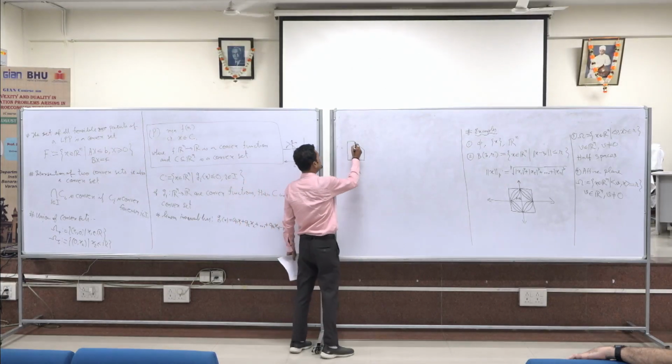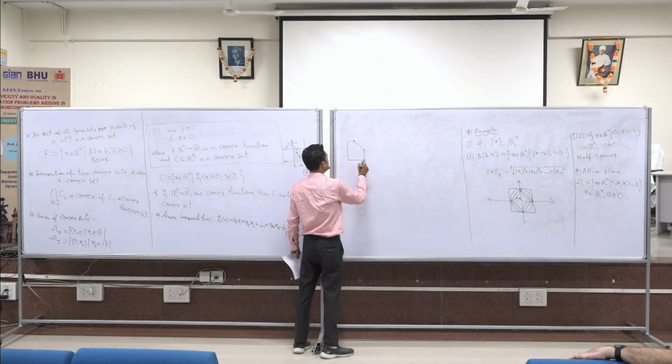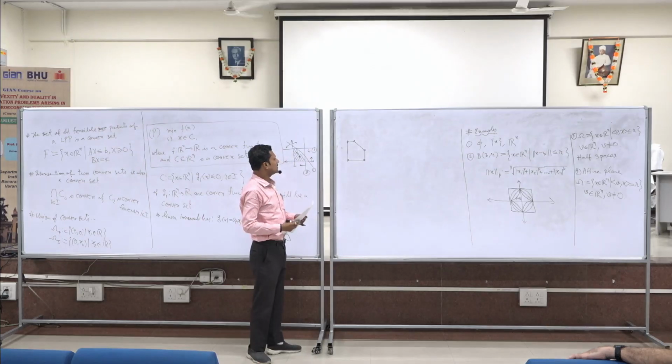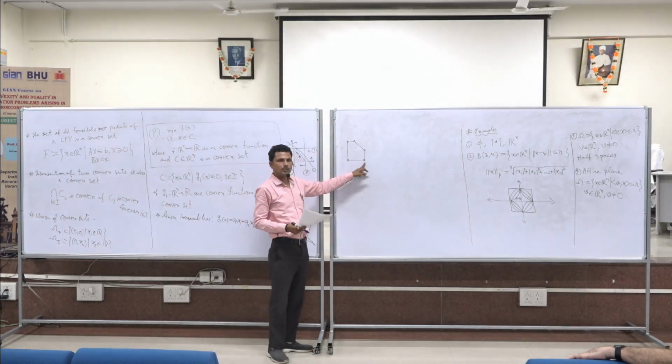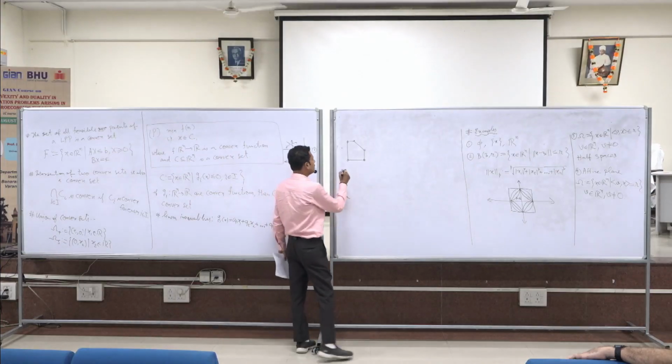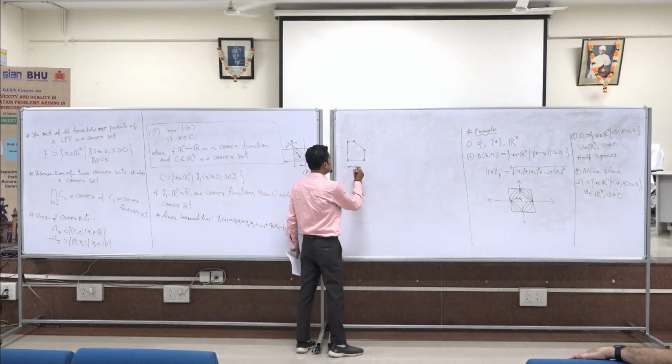Now we were discussing in the previous class that these are the corner points. So what do we mean by a corner point of a set?